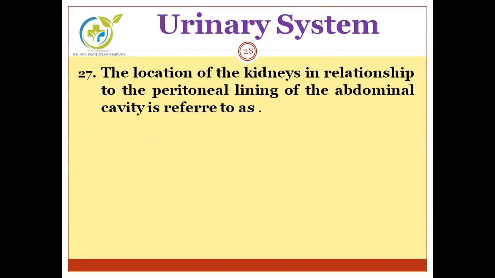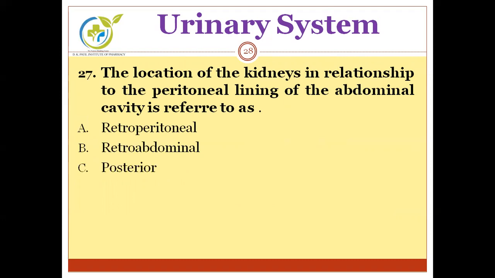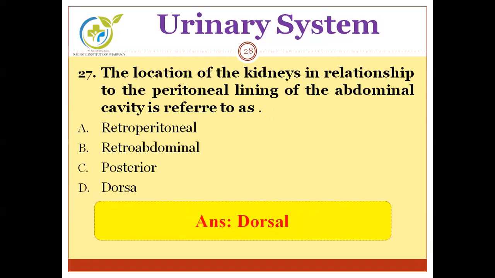Next, the location of the kidneys in relationship to the peritoneal lining of the abdominal cavity refers to: retroperitoneal, retroabdominal, posterior, dorsal. And the correct answer is dorsal.